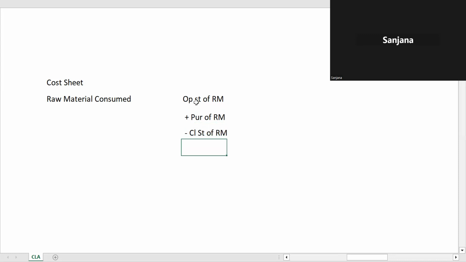Okay, so opening stock, we define three kinds of stocks in cost accounting. One is raw material which we purchase to manufacture something, that is one kind of stock.